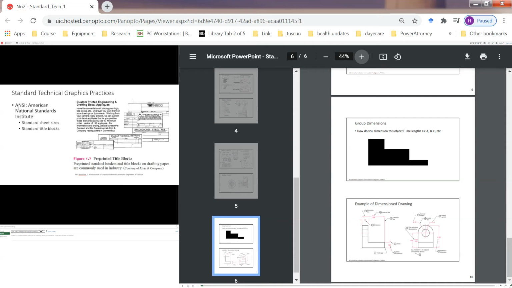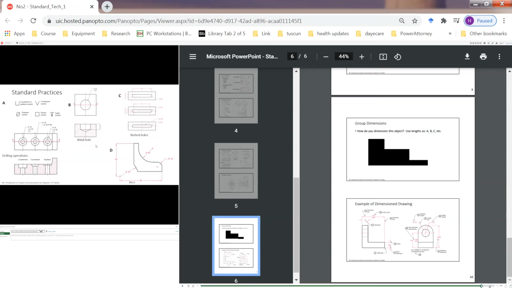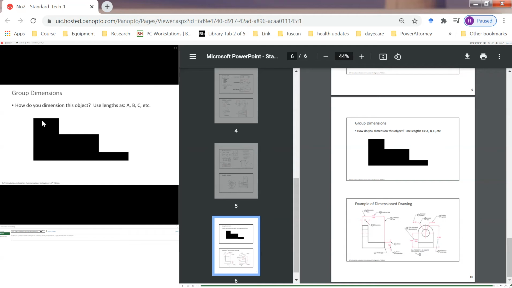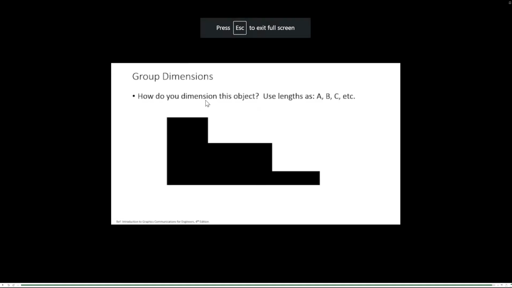If we watch toward the end of the video, it asks, how do you dimension this object? Basically, a similar problem to practice problem number 1.